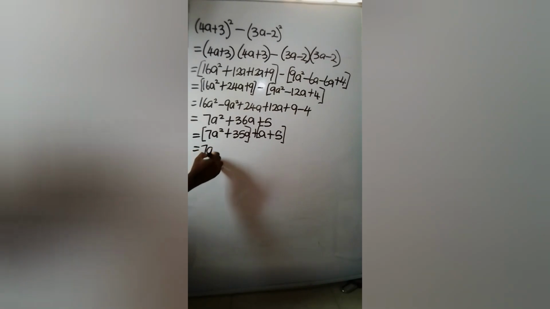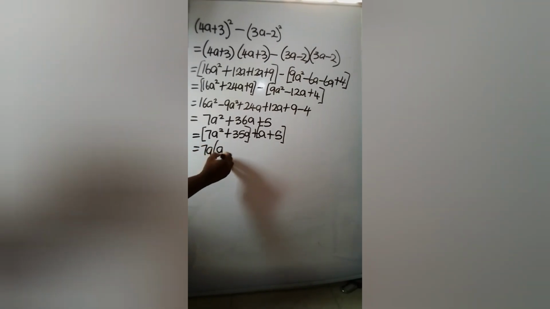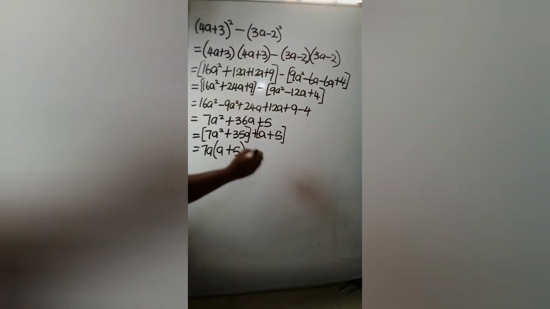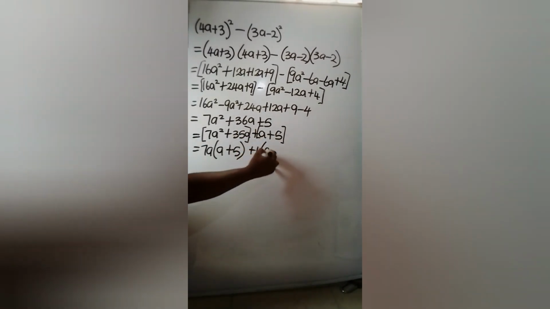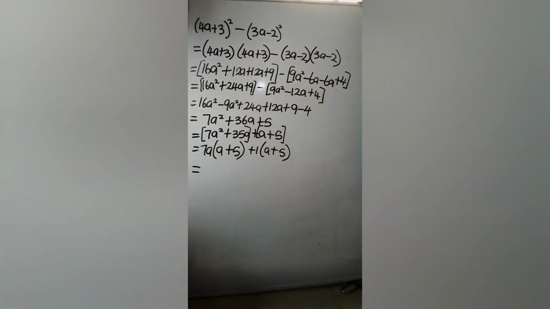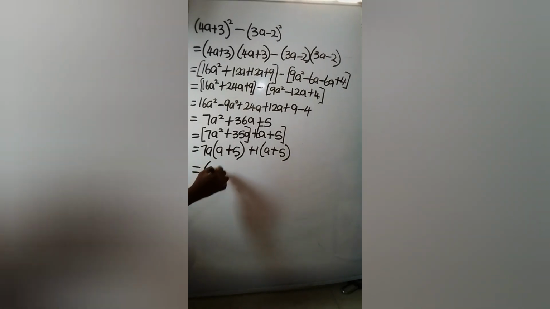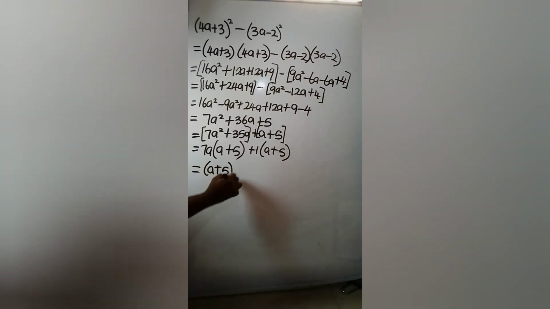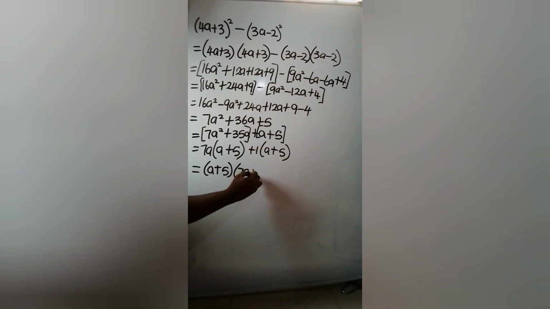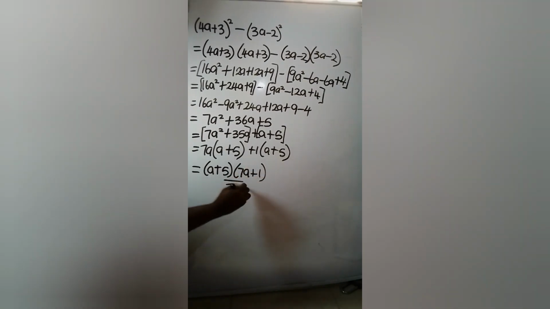When 7a comes out, what remains here will be a plus 5. Here, the common factor is just 1, plus 1, a plus 5. So this will now be our answer: 7a plus 1 times a plus 5. This is our final answer.